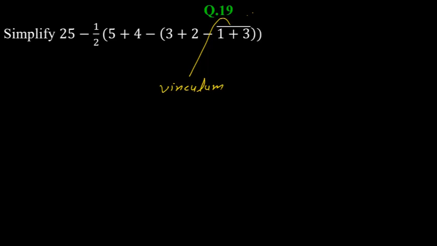I'll say 25 minus half of 5 plus 4 minus, in brackets 3 plus 2 minus, and vinculum 1 plus 3. And what is this? It says that this will be simplified first. It will have highest priority, higher than BODMAS rule.